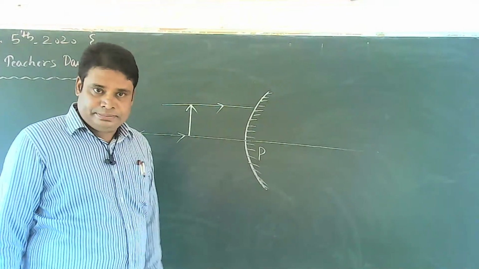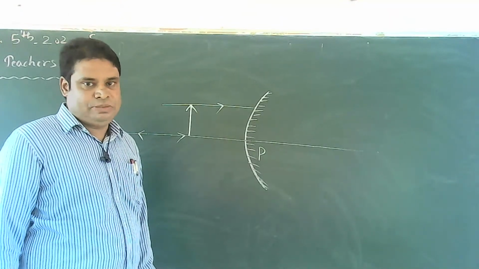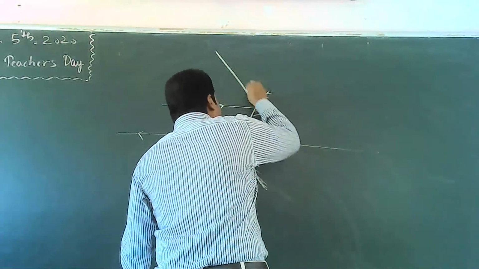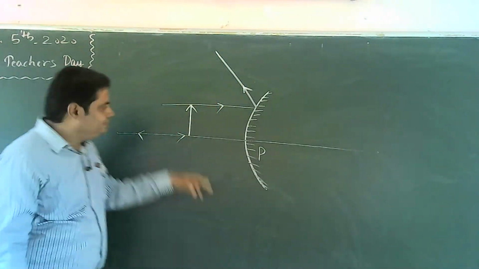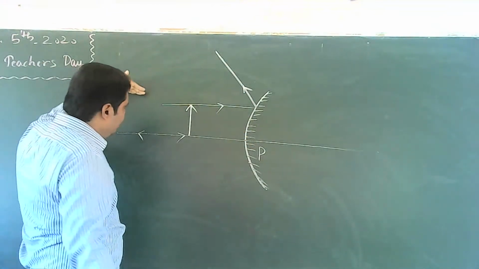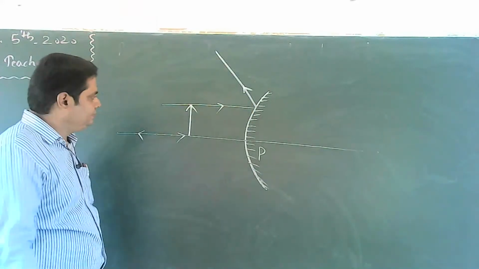This mirror is a convex mirror, a divergent mirror. Hence, the ray will diverge. It goes like this, I have drawn it reversed, but see the direction of it.